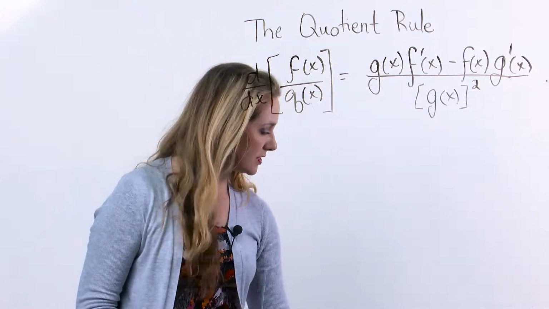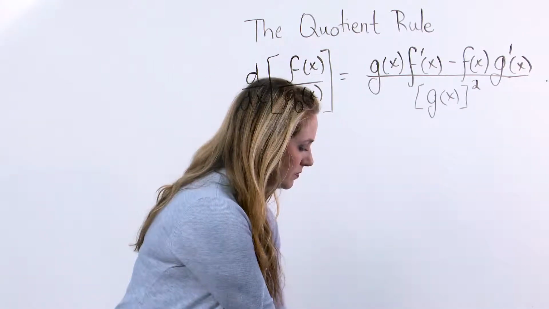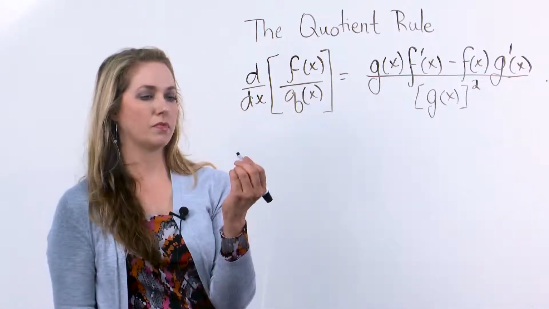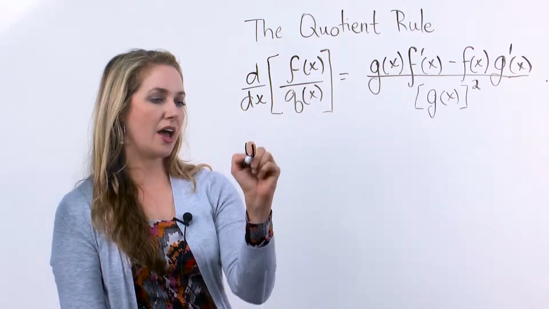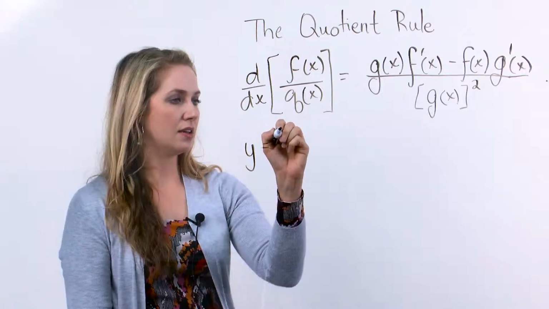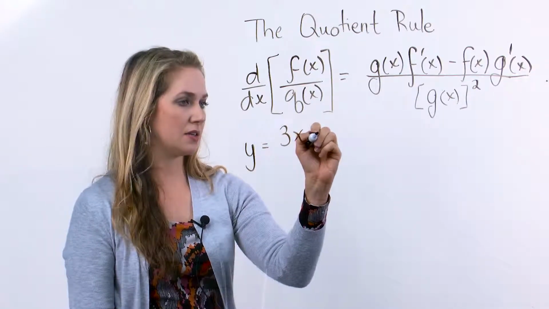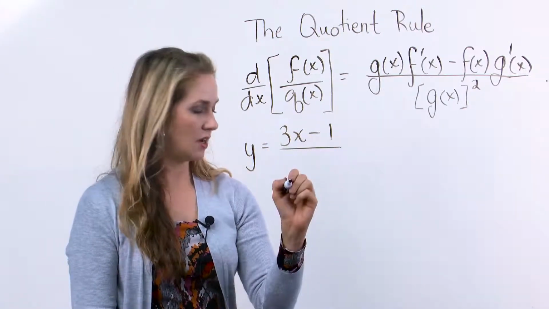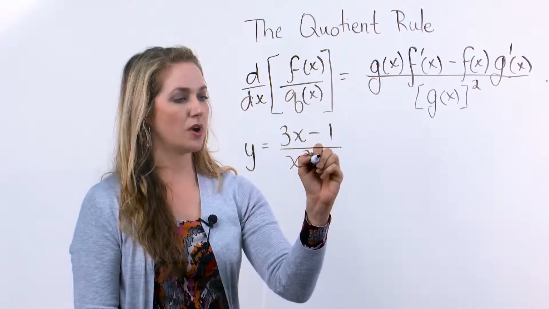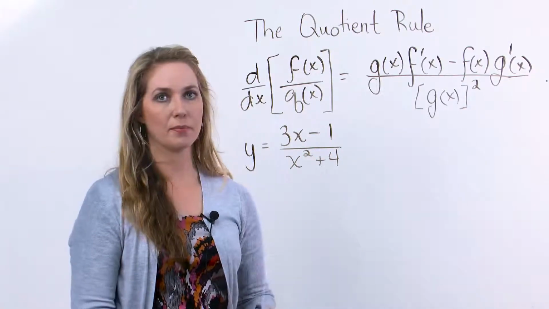So for instance, let's suppose I have a function y equal to 3x minus 1 divided by x squared plus 4.